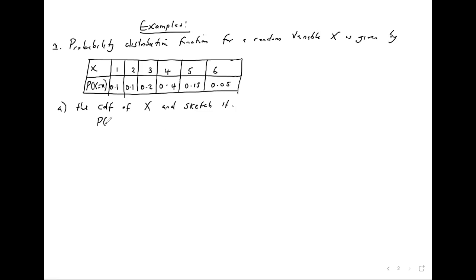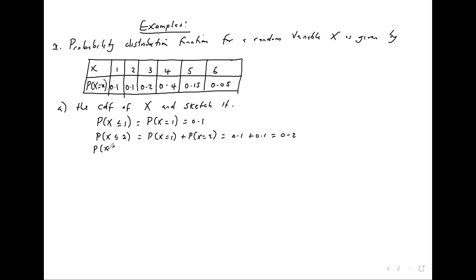So you start from the probability X is less or equal to 1. Meaning, in this case, we are dealing with X equal to 1. So we get 0.1. The second one, X less or equal to 2. Meaning, you have the probability that X is equal to 1 plus the probability that X is equal to 2. That is 0.1 plus 0.1, which is 0.2.